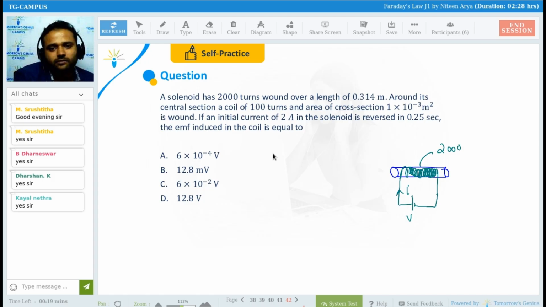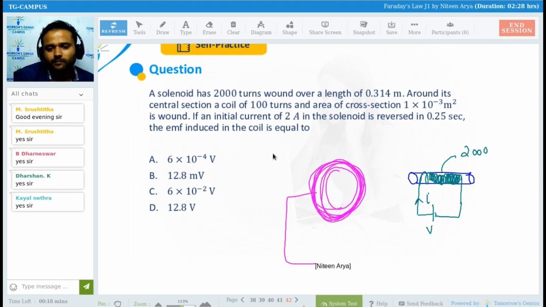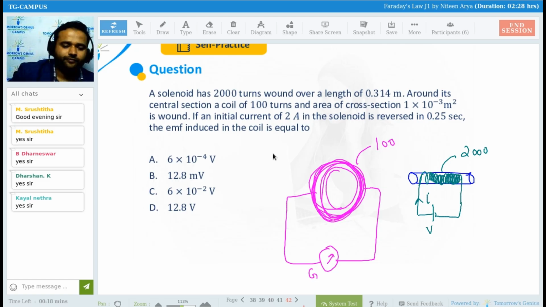Okay, and then we have this one also. So this is 100 number of turns in a coil. This is for the solenoid.